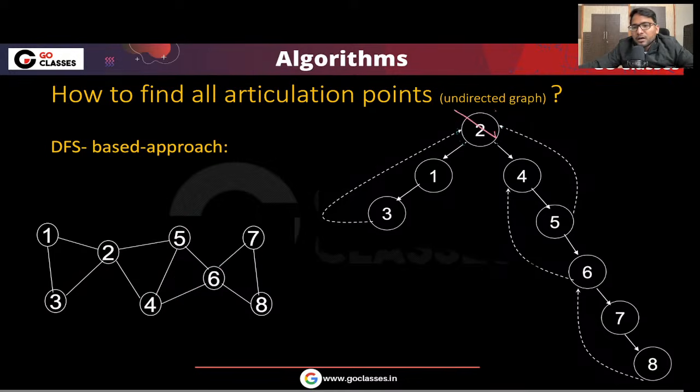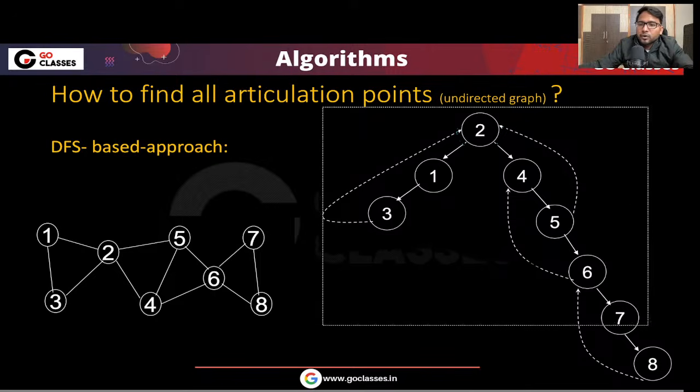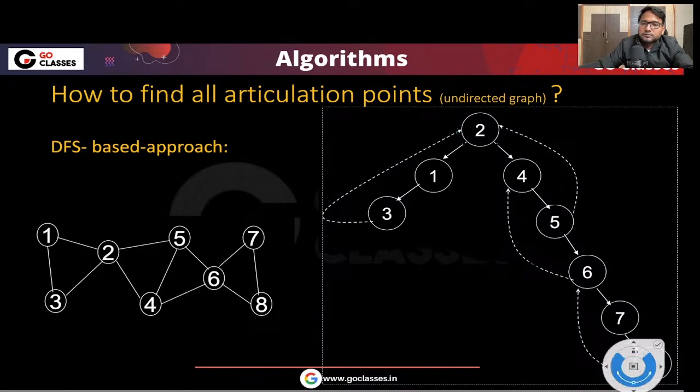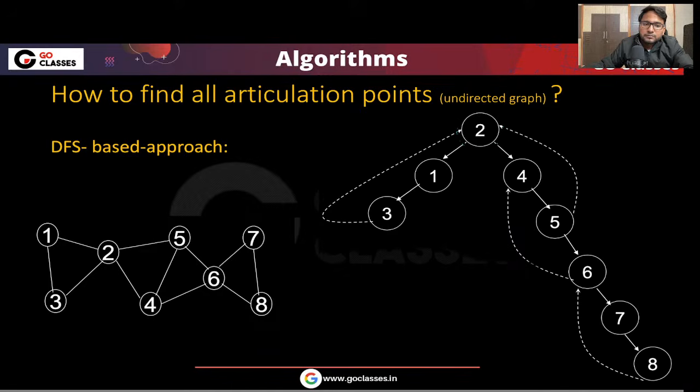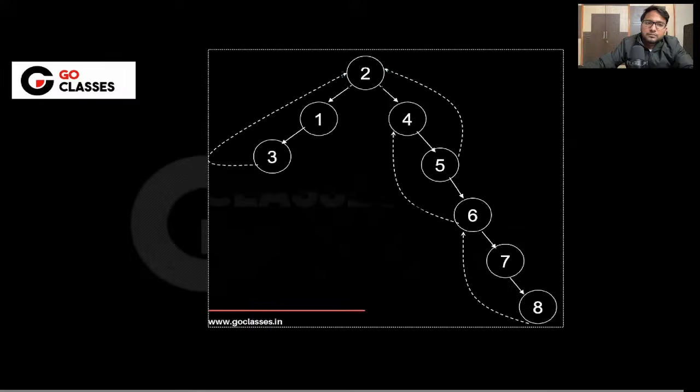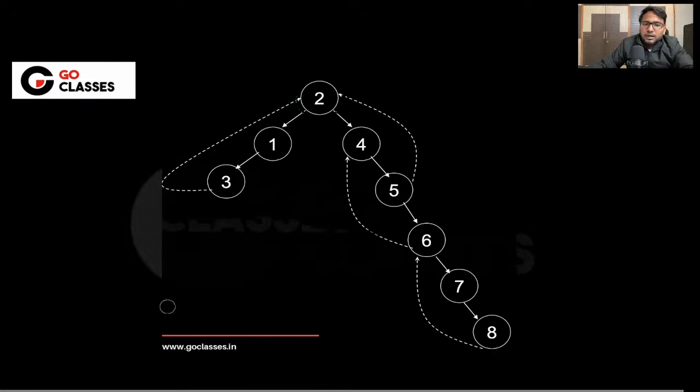Then can you not tell me 2 is an articulation point? Definitely, right? But what if I have something like this? Let's suppose this is the tree that I'm getting, but the actual graph was like this. Okay, there is a cross edge.